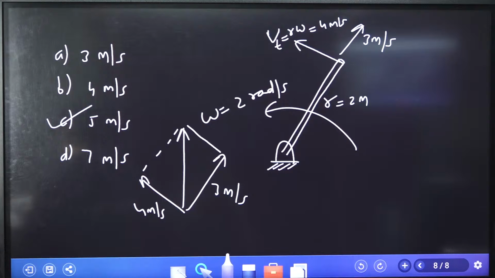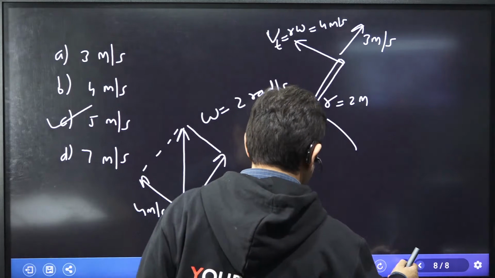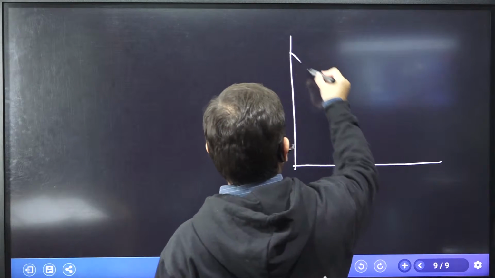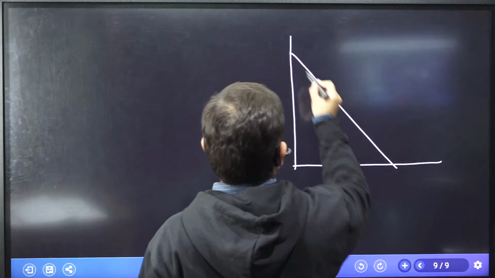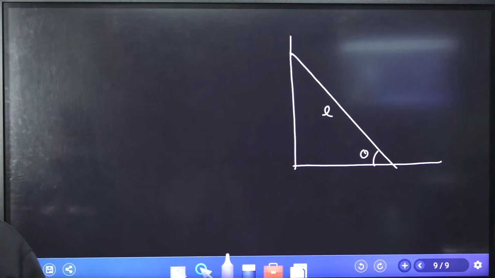The question is this. Now the question is of this ladder only. There's a ladder of length L, which is in a state of equilibrium, leaning against a wall at angle theta as shown.